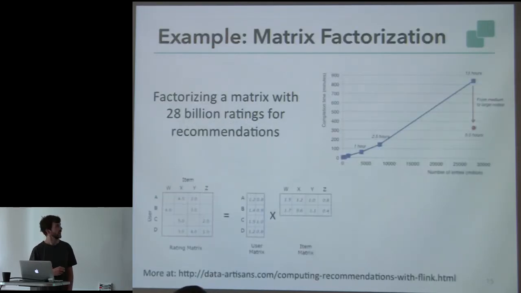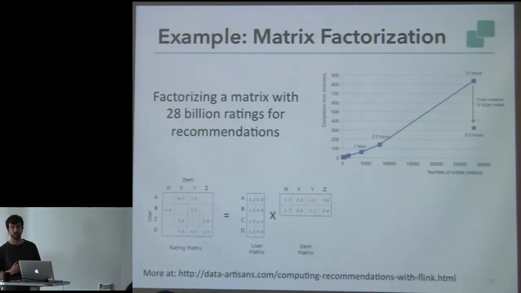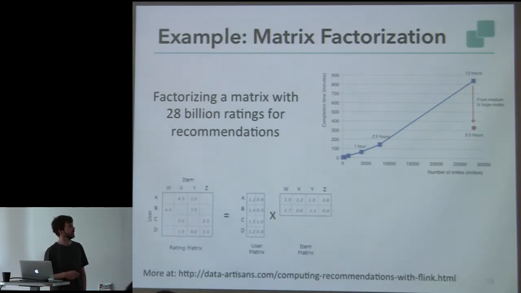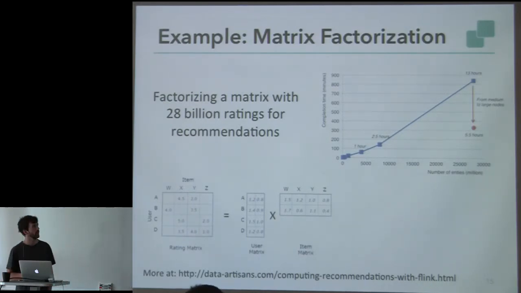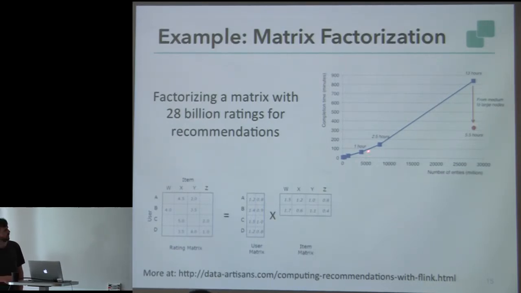And to see if the iterations really scale well, we did an experiment using the ALS algorithm that is also implemented in the machine learning library. So we started a Google Compute Engine cluster. It does not mention here how many machines it was, but I think it was 40 machines.